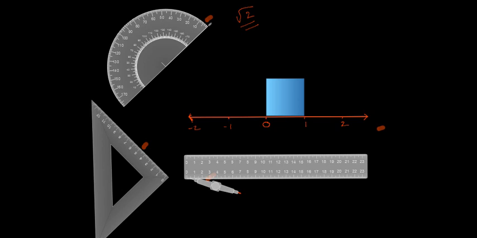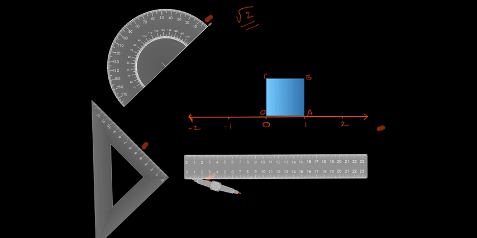Now you name the square: this is O, this is A, this is B, this is C.